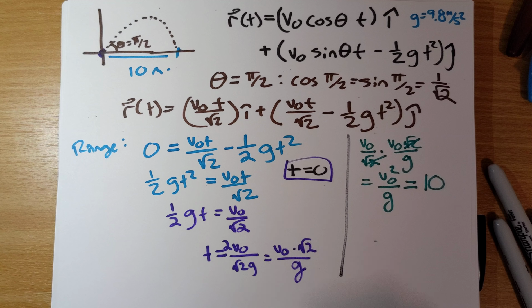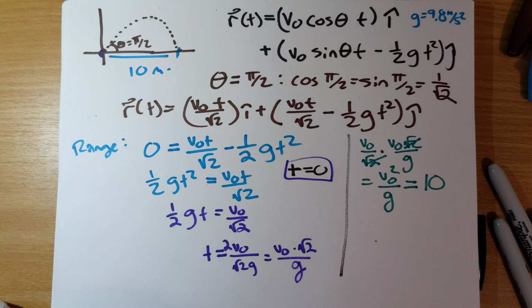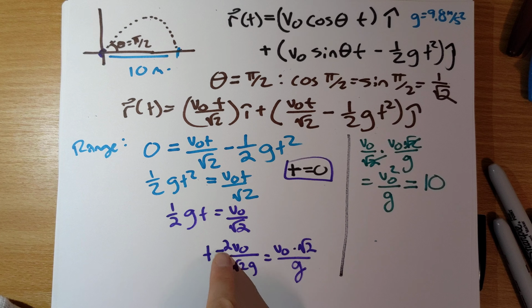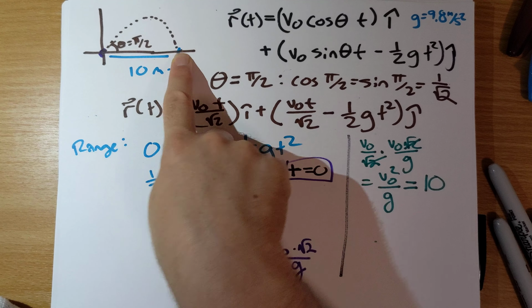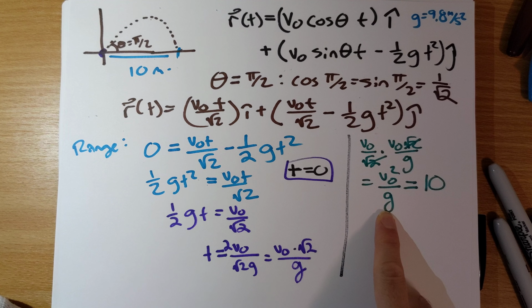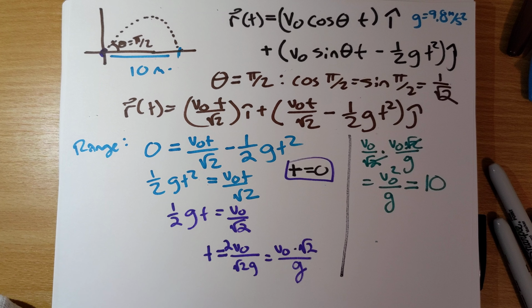We want this to equal 10 meters because we are told that the range here is 10 meters. At time t is equal to square root 2 v naught over g, the ball just landed and we want it to land 10 meters away. This will give us the equation for the x component, the i hat component, when it lands.